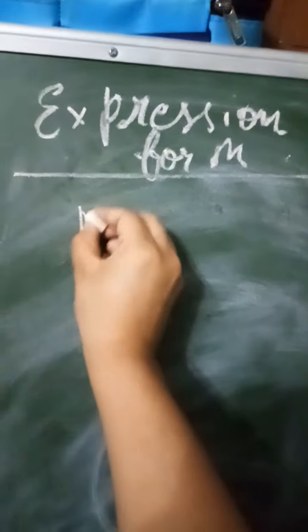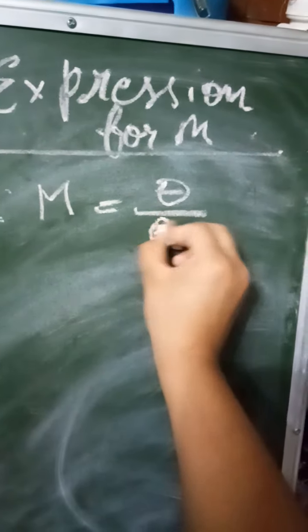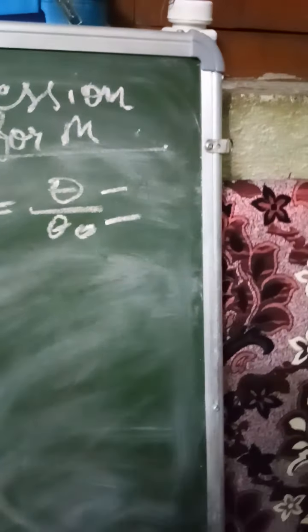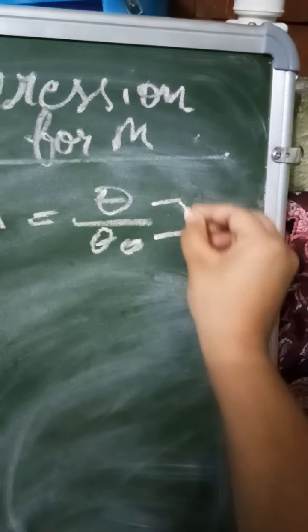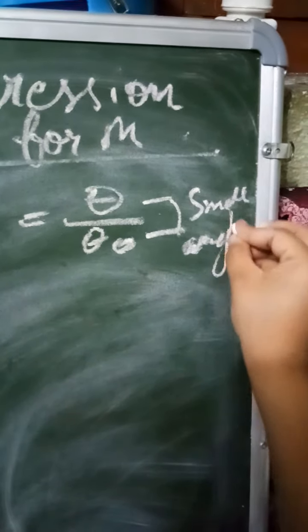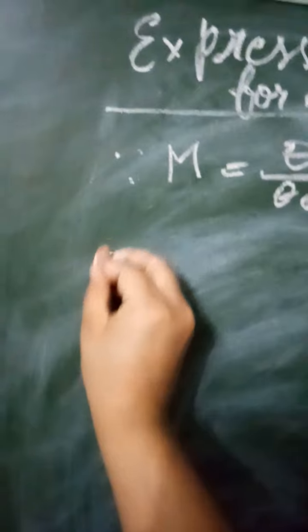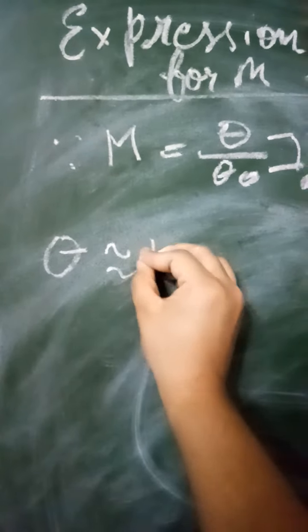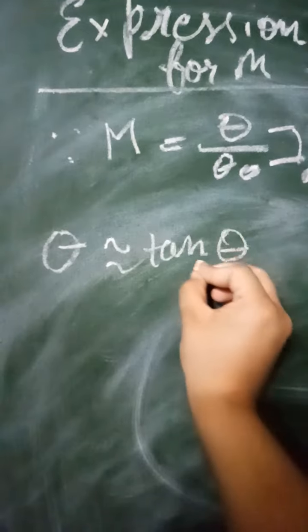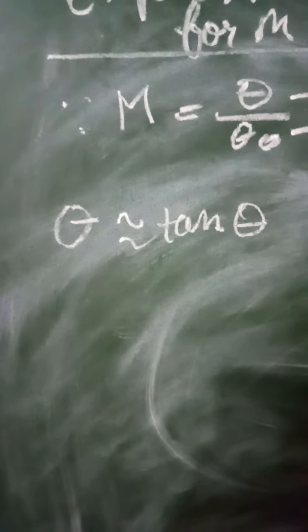Since M is equal to theta divided by theta naught, where theta and theta naught are small angles, theta is approximately equal to tan theta, and tan theta is equal to perpendicular by base.